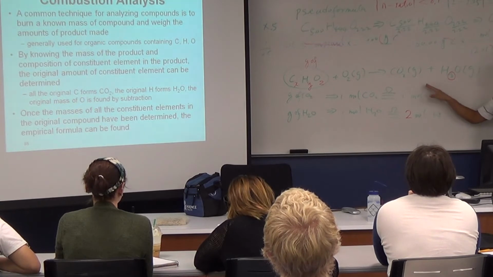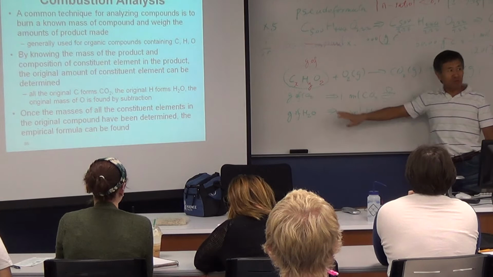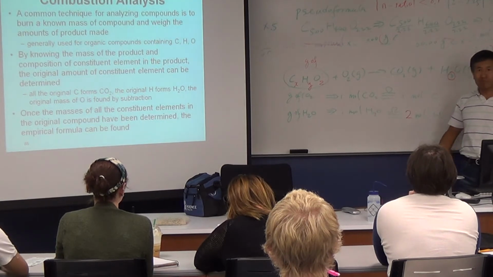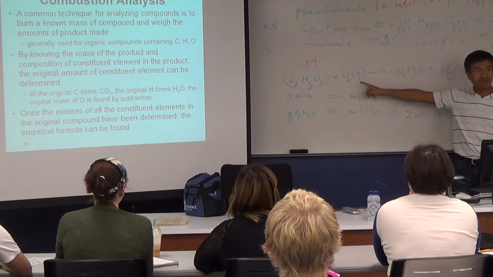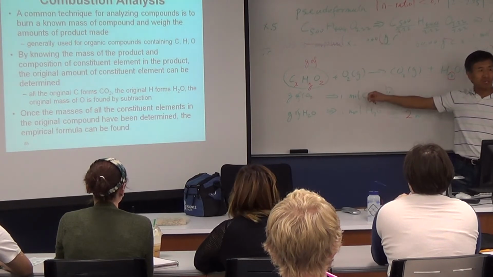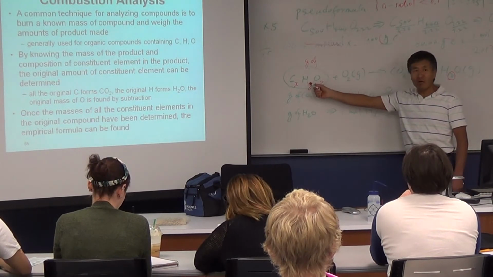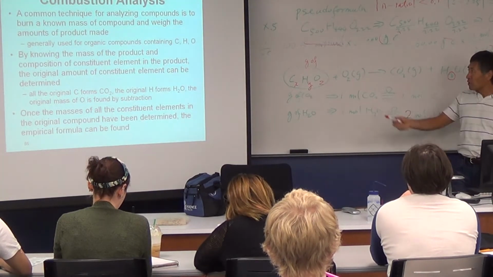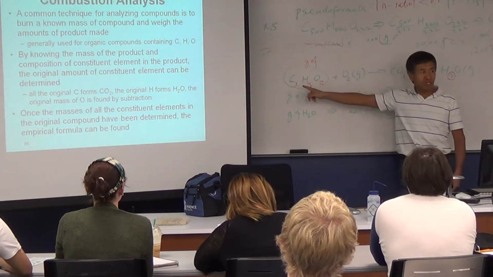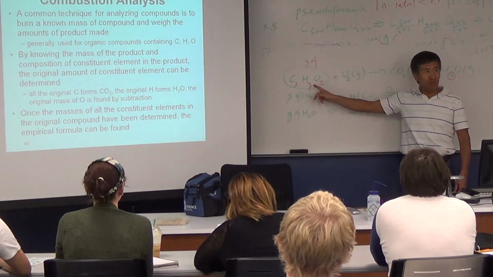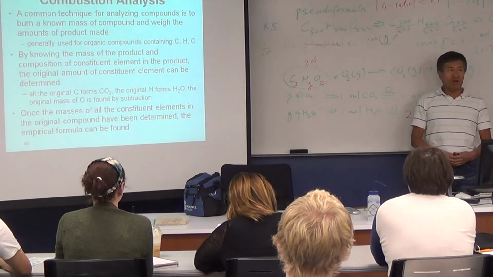Some of those oxygen come from this compound because the compound has oxygen in it, but some of those oxygen come from what? Come from this guy. This is the air. Alright. So what we do is you use the gram of this compound, which means the gram of carbon plus the gram of H plus the gram of O, and try to figure out a way to find out the gram of O.